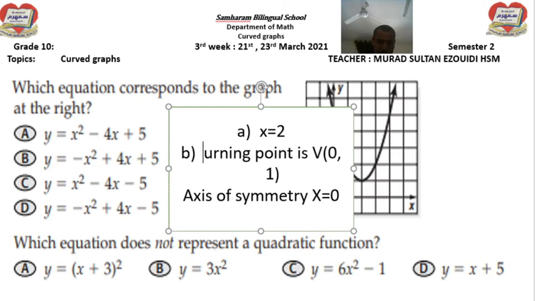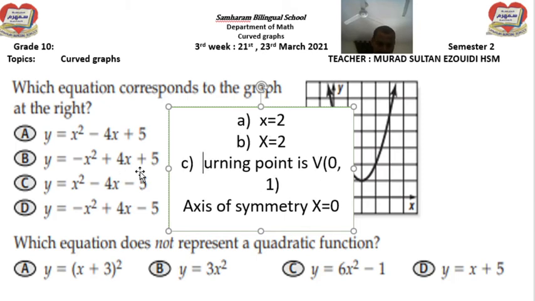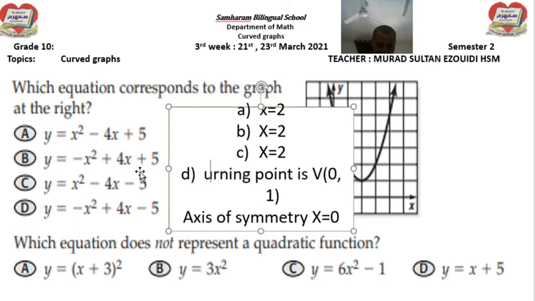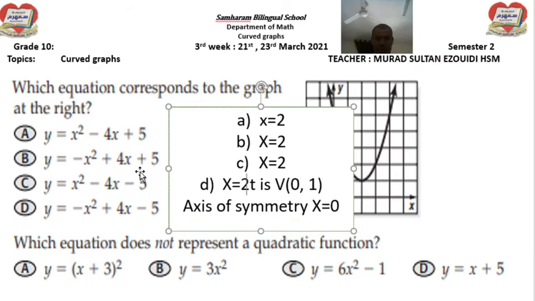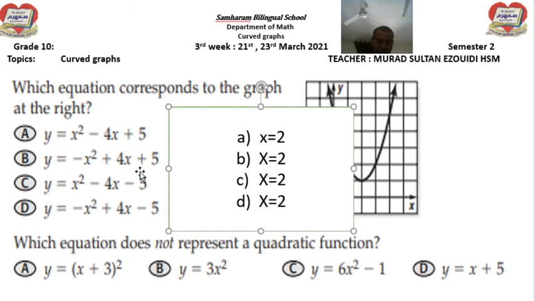For B, minus 4 divided by minus 2 is 2, so x equals 2. The second one is x equals 2 also. The third one is the same, x equals 2. So all of these equations have the same axis of symmetry.